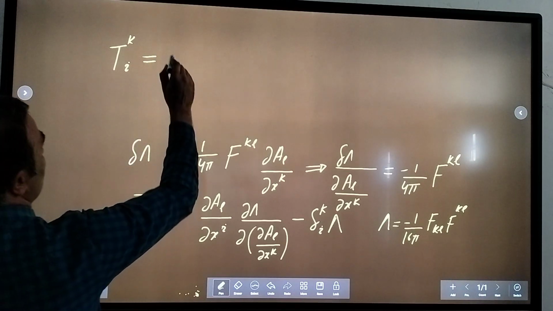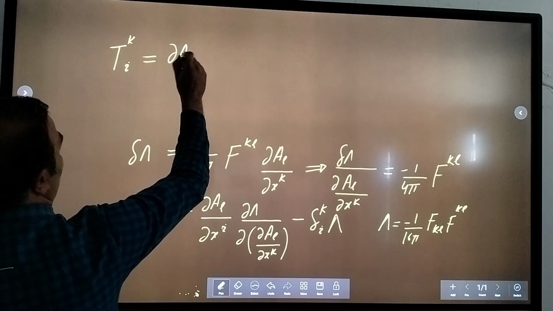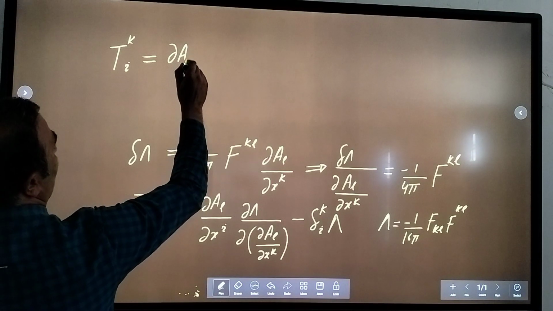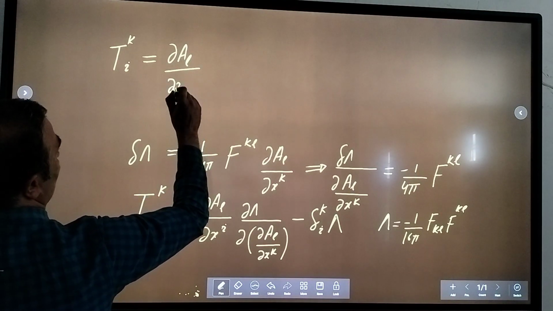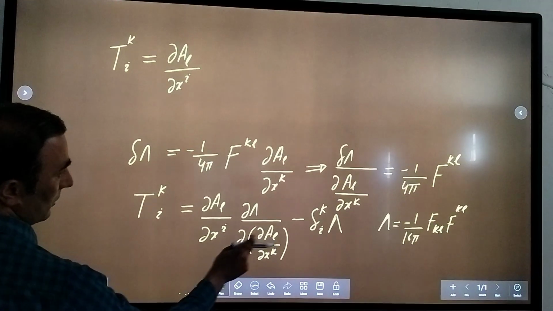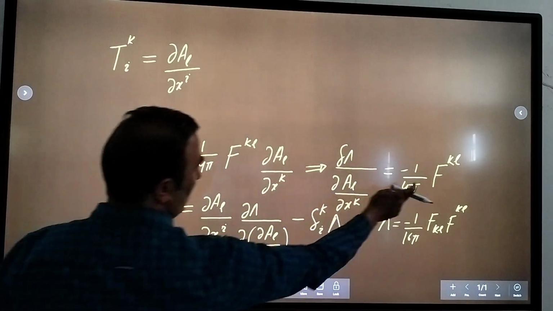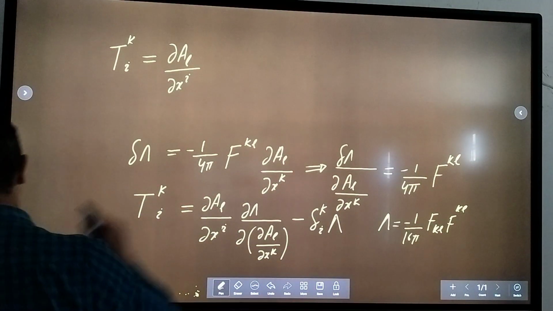So the first term will be as it is, partial A L by partial X I, and instead of this I will use this, that's minus 1 by 4 pi.